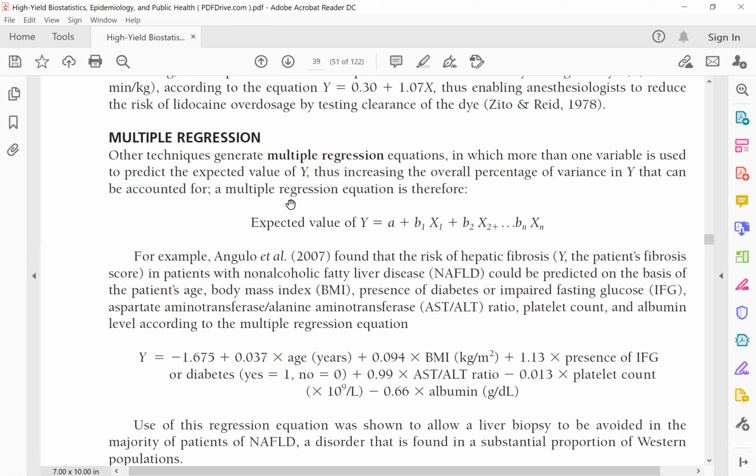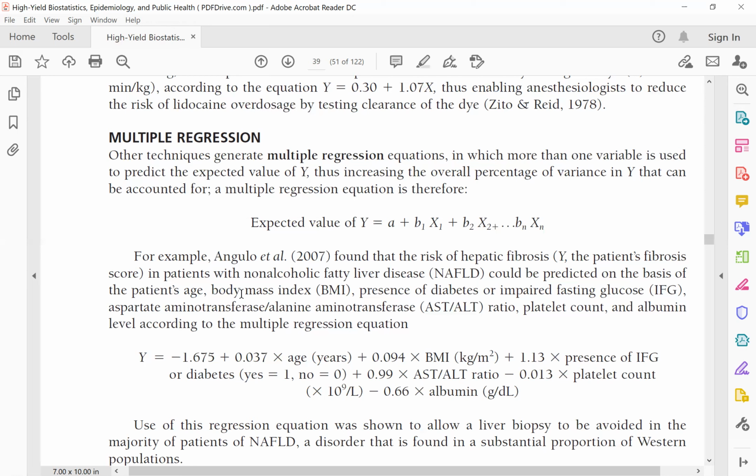A multiple regression equation is therefore expected value of y equals a, our intercept, plus b1, our slope 1, multiplied by x1, plus b2, slope 2, multiplied by x2, plus etc.